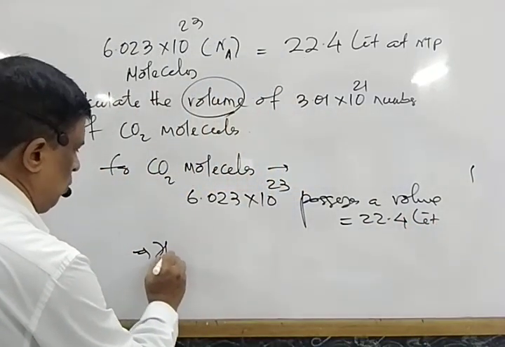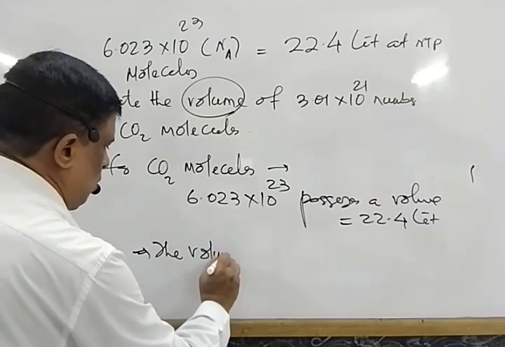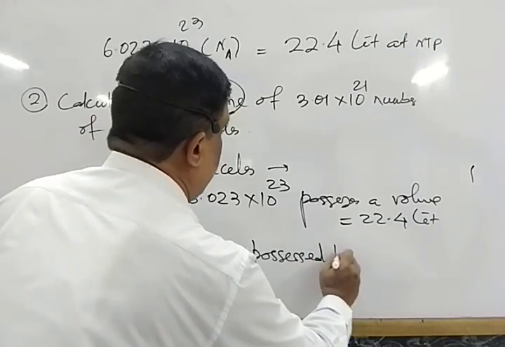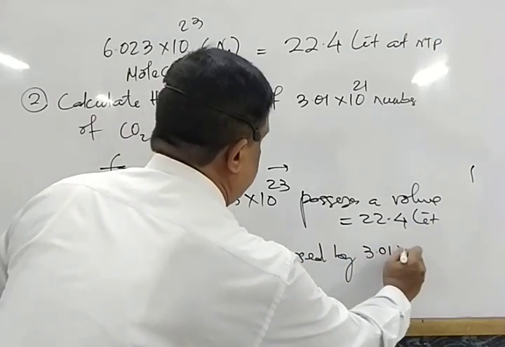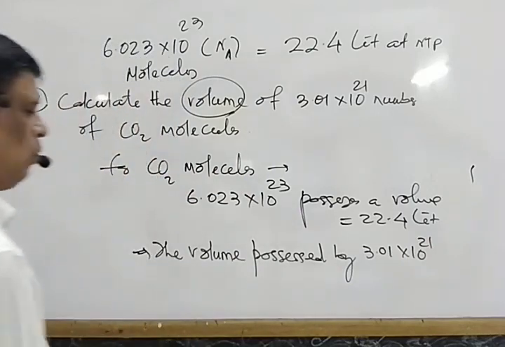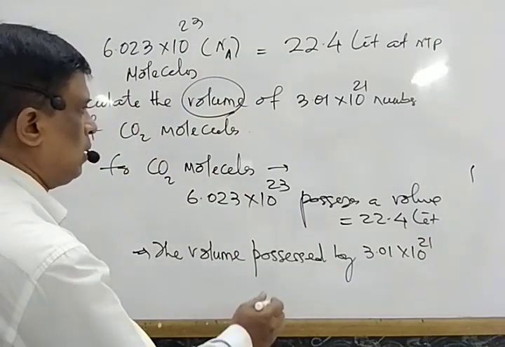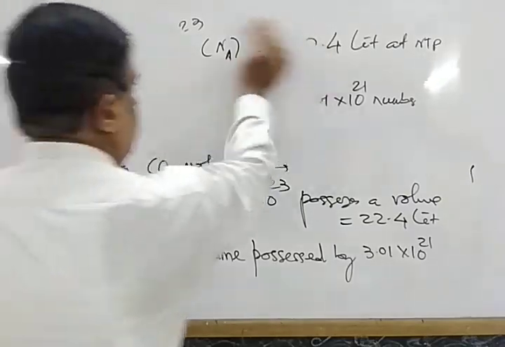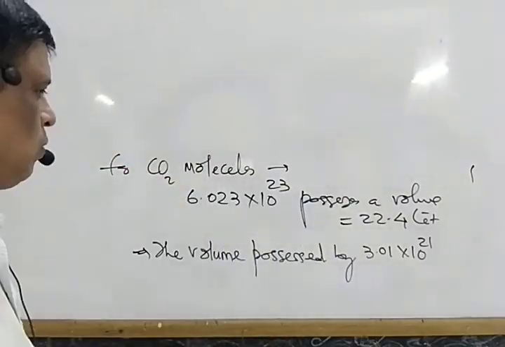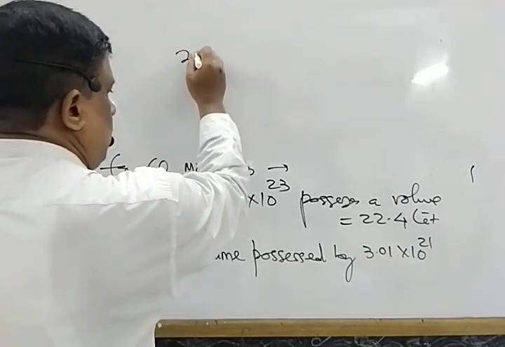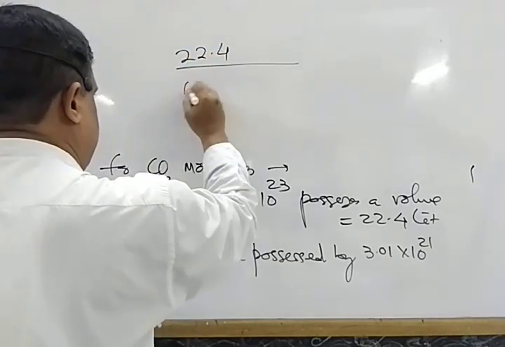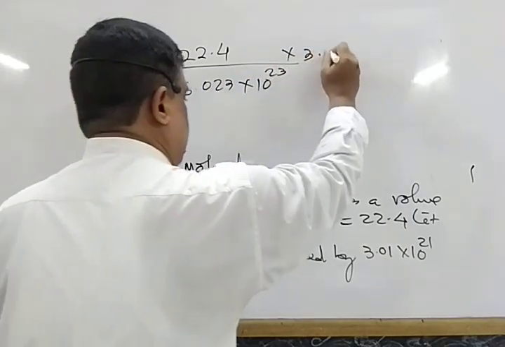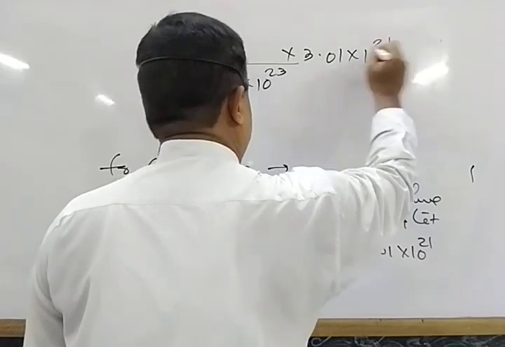So the volume possessed by 3.01 into 10 to the power 21 number of molecules is equal to, mark that, 22.4 divided by 6.023 into 10 to the power 23, into 3.01 into 10 to the power 21.